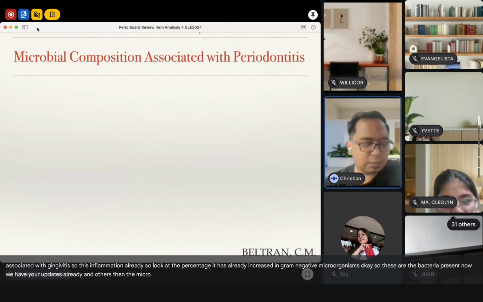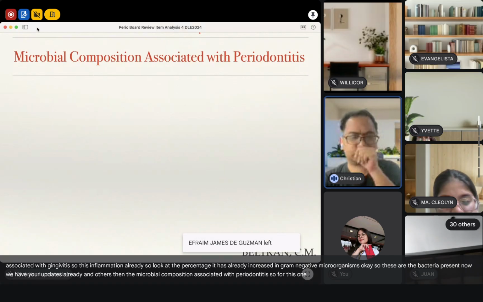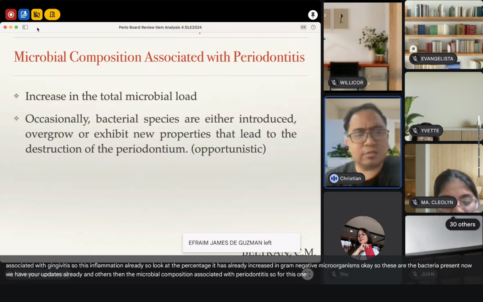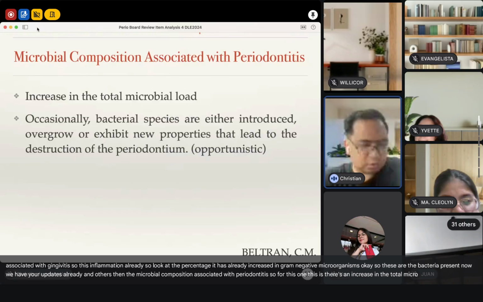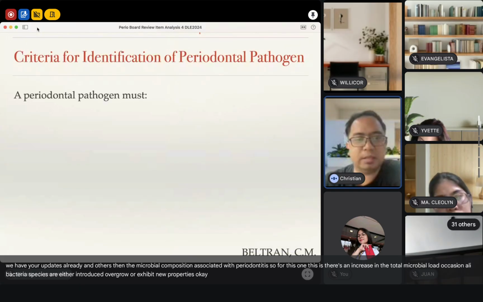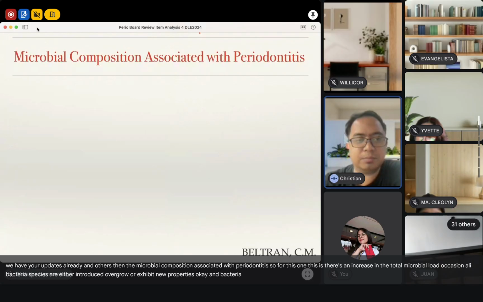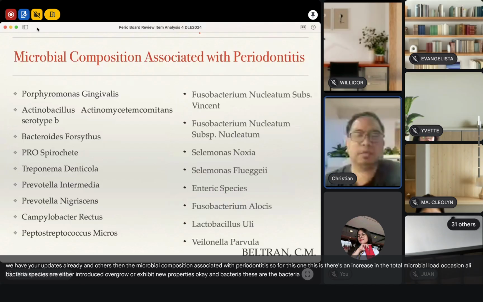Then the microbial composition associated with periodontitis. For this one, there's an increase in the total microbial load. Occasionally, bacterial species are either introduced, overgrow, or exhibit new properties. These are the bacteria present in periodontitis.